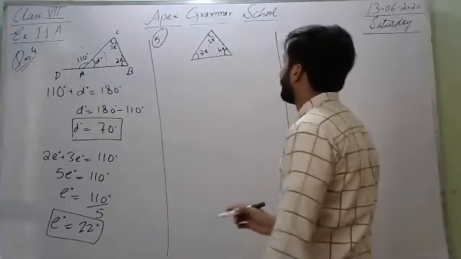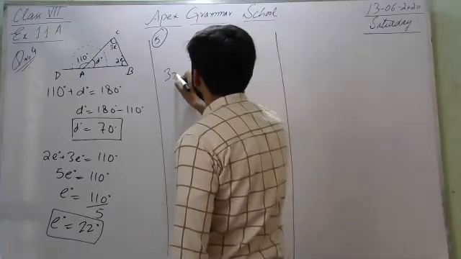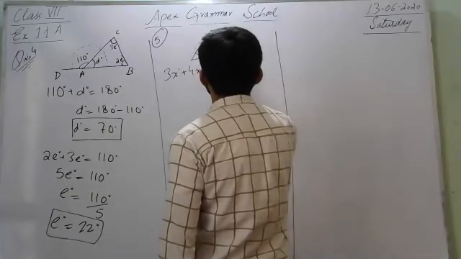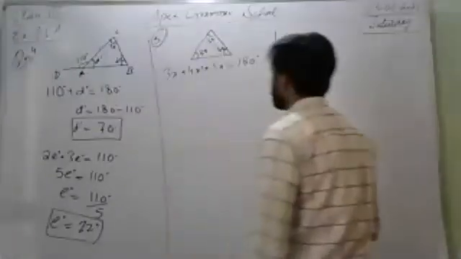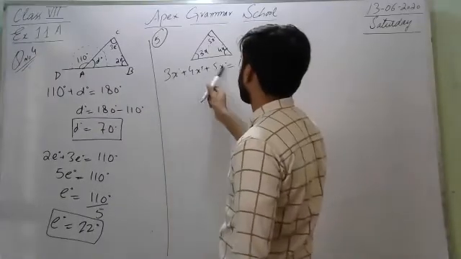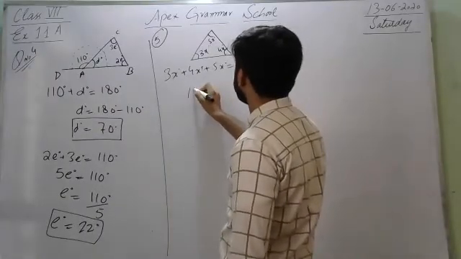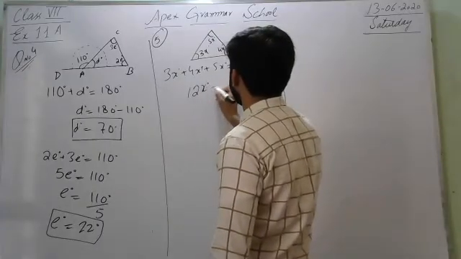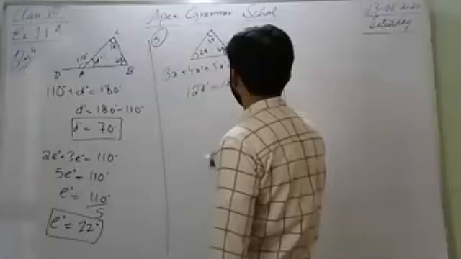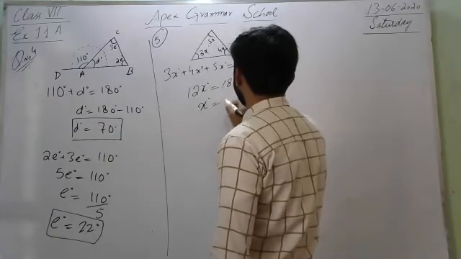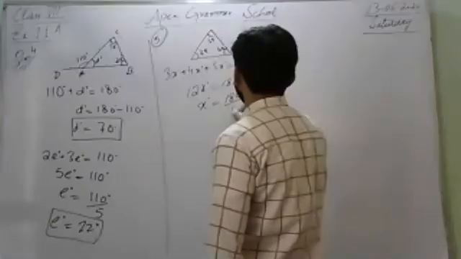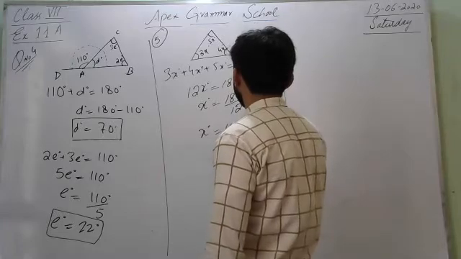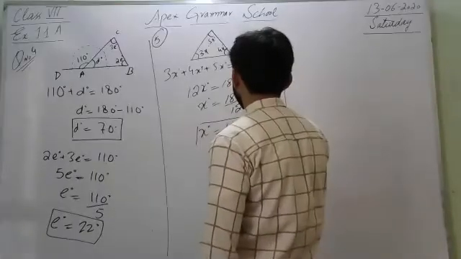By applying the interior angle property, 3x degree plus 4x degree plus 5x degree equals 180 degree. 3 plus 4 is 7, 7 plus 5 is 12. 12x degree equals 180 degree. x degree equals 180 over 12. x degree equals 15 degree.